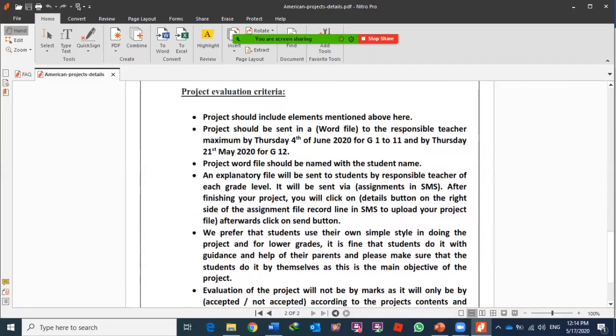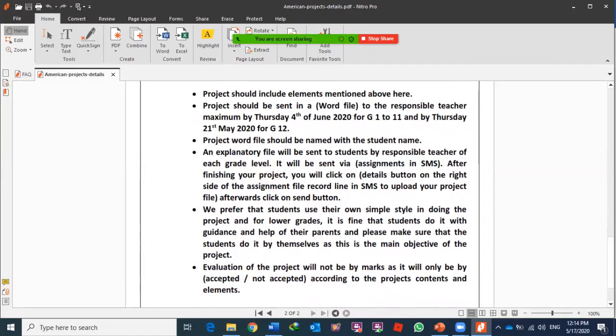We have a very important thing here in the evaluation criteria. The last part, evaluation of the project, will not be marked; it will be only accepted or not accepted according to the project content and elements.